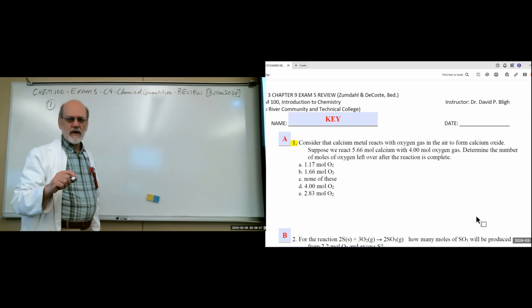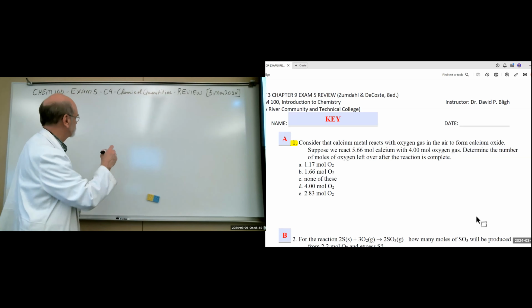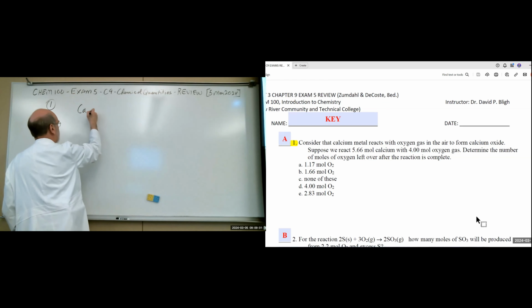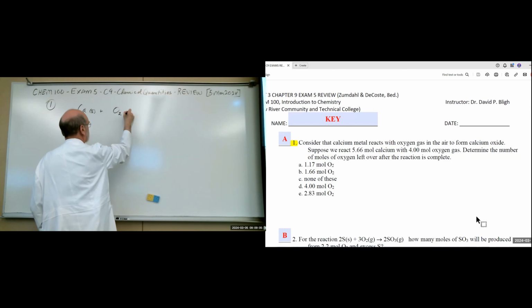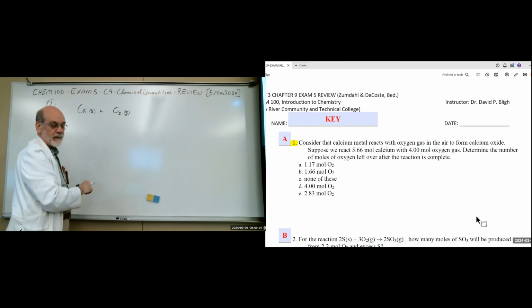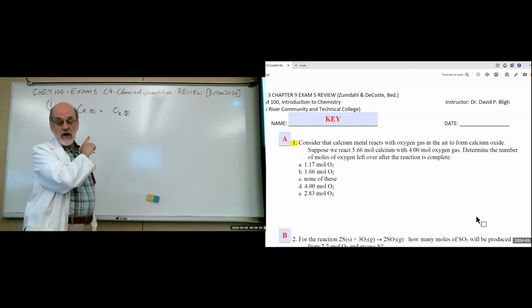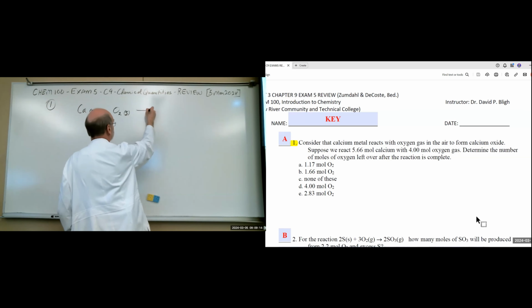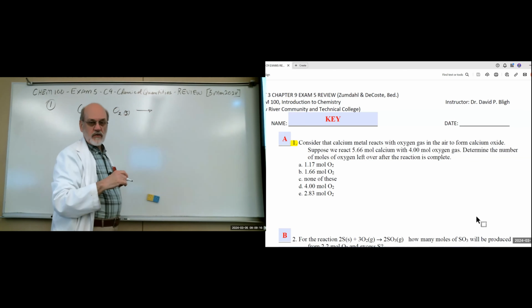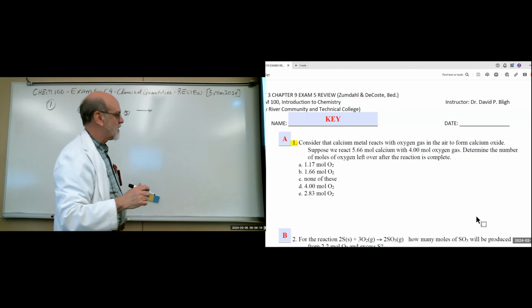So calcium metal reacts with oxygen gas. Calcium metal and oxygen gas. Notice diatomic. If you didn't know that, you may write the equation wrong. And gives you what compound? Calcium oxide.